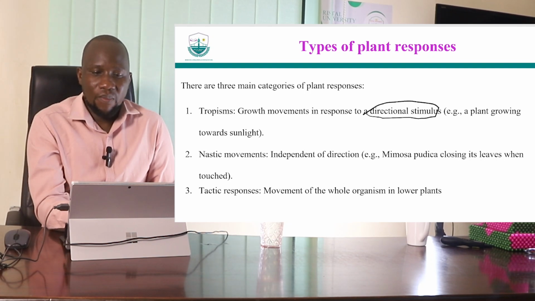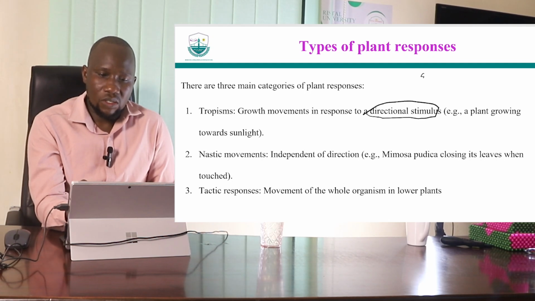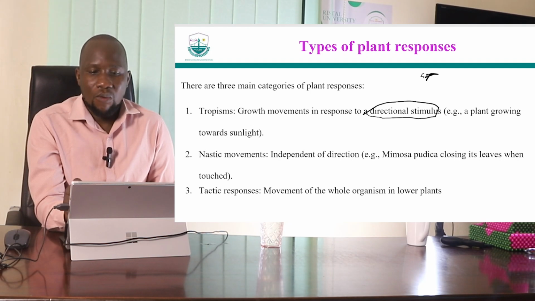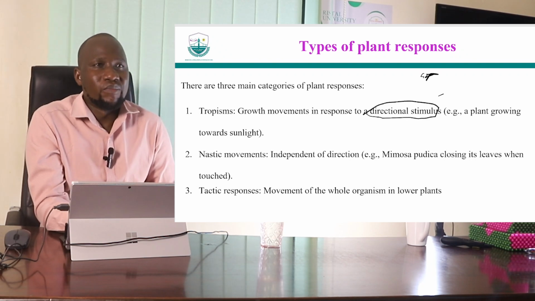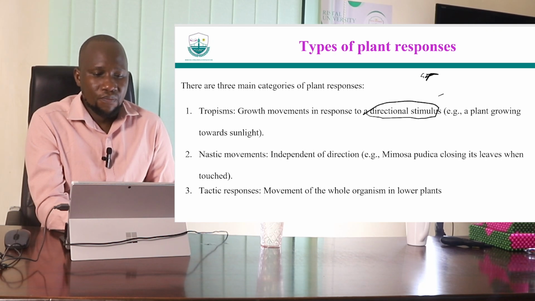So, for example, the plant will grow to a region where we have more sunlight. Okay, and that is a directional response. That is one of the types of tropisms that we shall look at, phototropism.